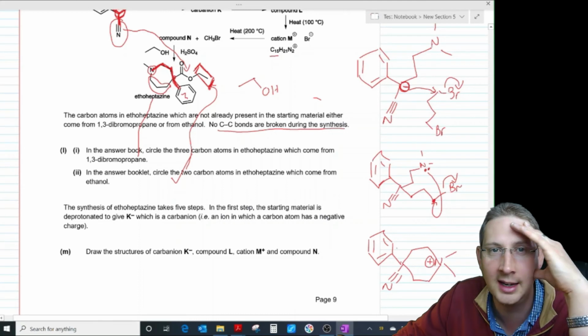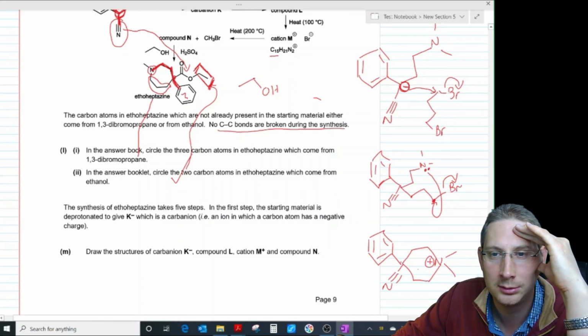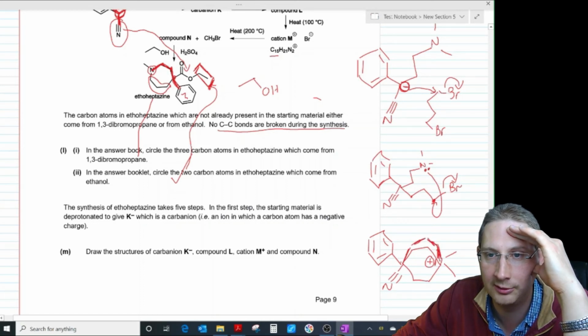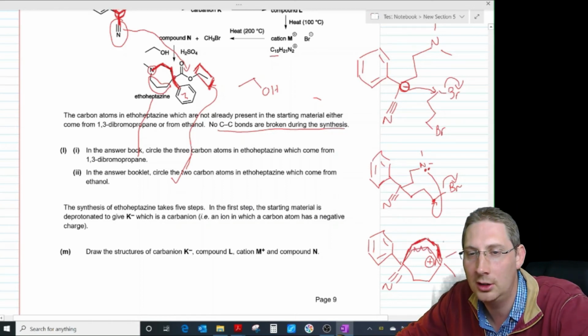Have I missed a bit? Yes, on one side there are supposed to be 3 carbons. So 1, 2, 3, and down. Okay, so that's where I went wrong. So it does have the right number of carbons.